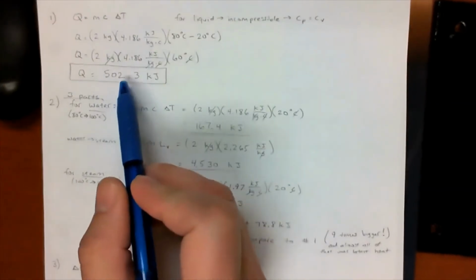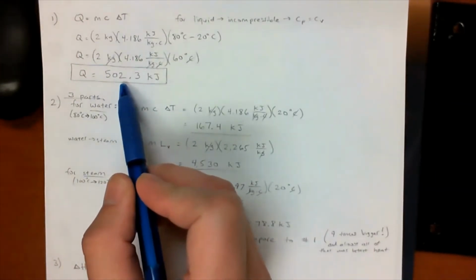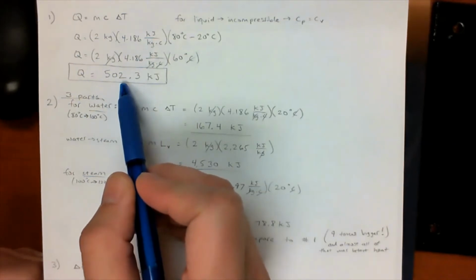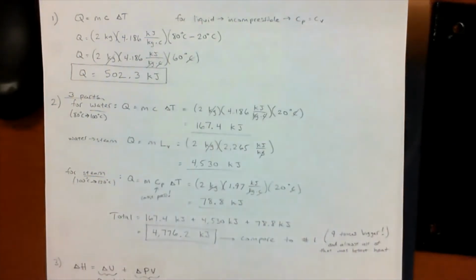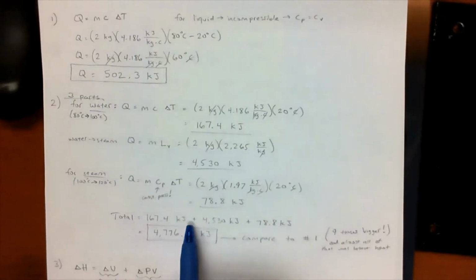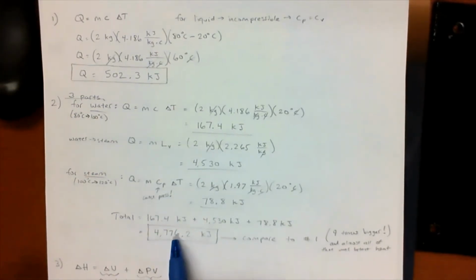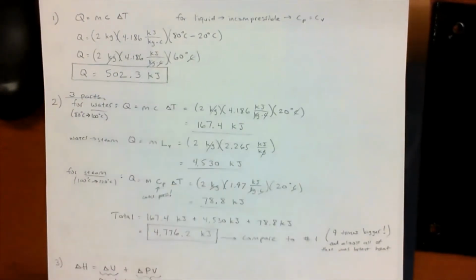And that only took 502 kilojoules of thermal energy. But now we're only changing the temperature really by 40 degrees Celsius, from 80 degrees Celsius liquid water to 120 degrees Celsius superheated steam. But look how much energy that took in comparison to the answer to part 1.